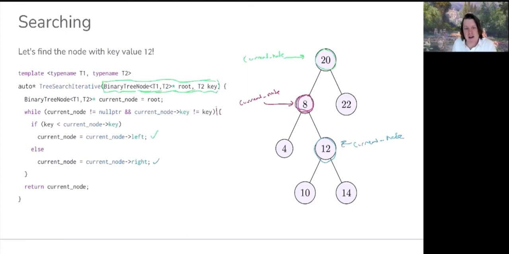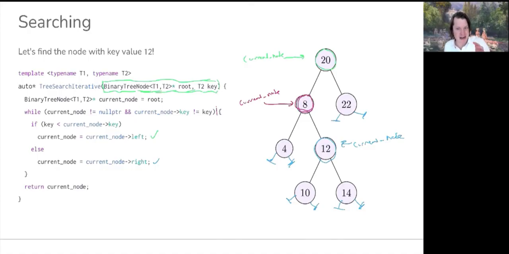So have we exhausted our search? No, we haven't, because current node is not pointing to the null pointer, which would have happened had we traversed through a leaf or a node with one child that did not have a subtree in the direction that we were supposed to take. Okay, so now we haven't exhausted it.